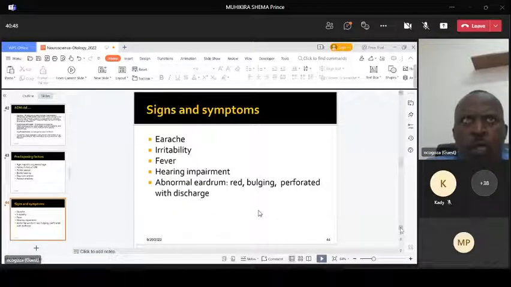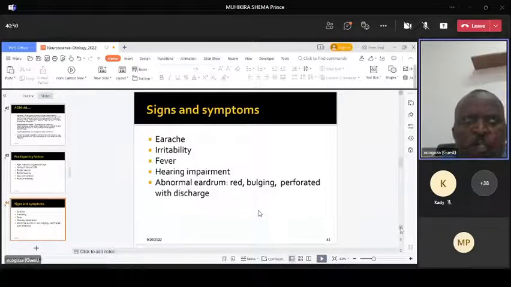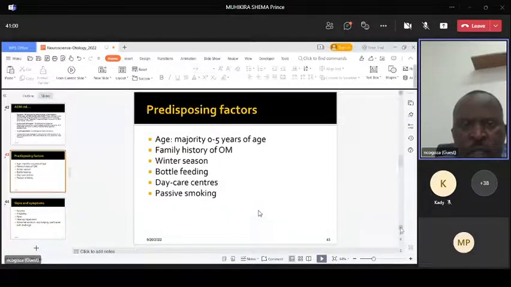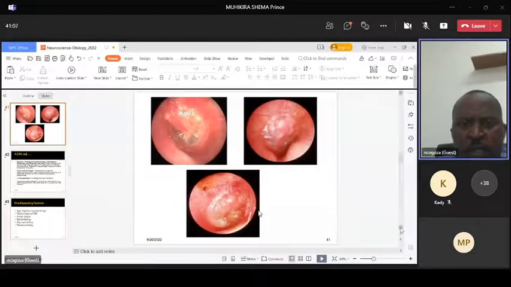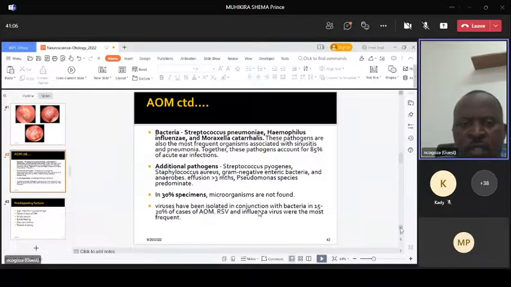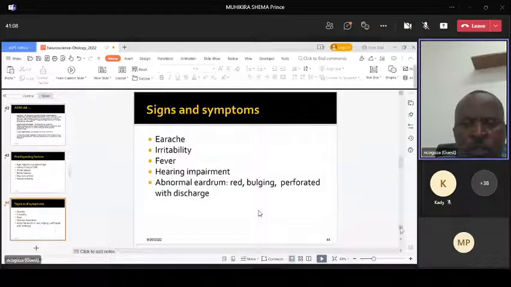So it's an infection in the middle ear. Of course, there is ear pain. Kids will be irritable. There is fever, hearing impairment, and abnormal tympanic membrane, as we've seen in this picture: red tympanic membrane, bulging. Those are signs and symptoms found in the case of acute otitis media.